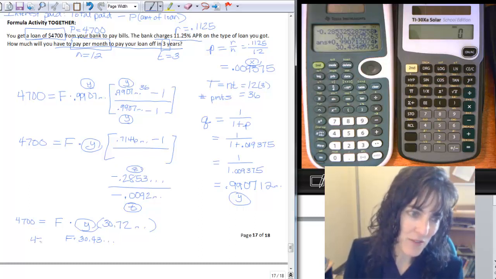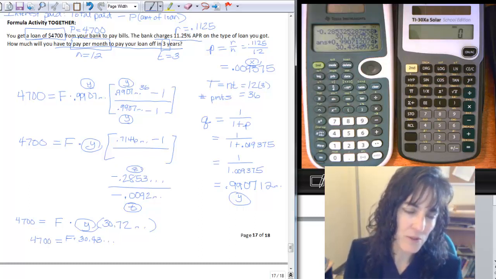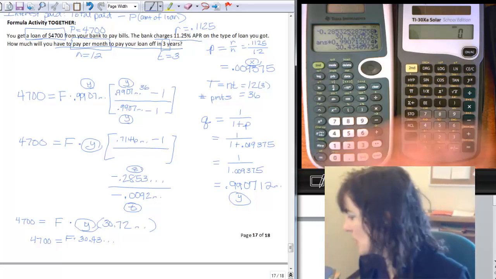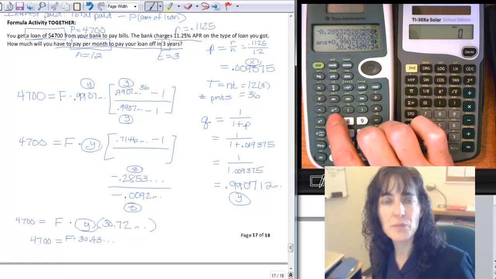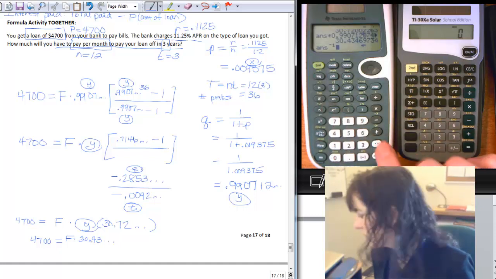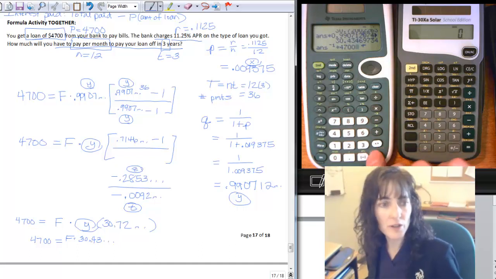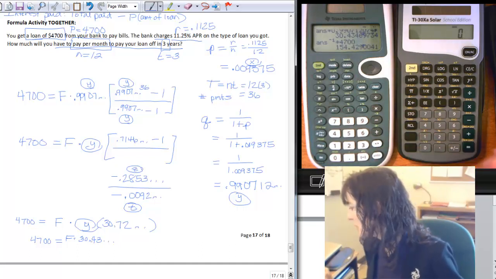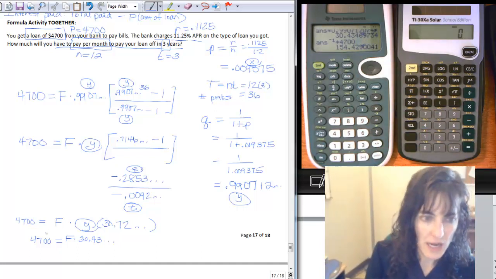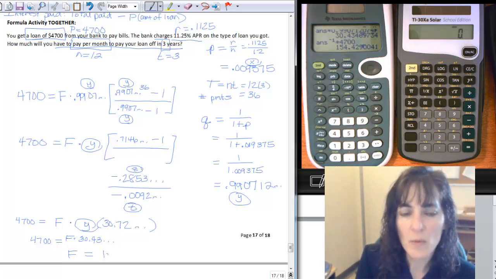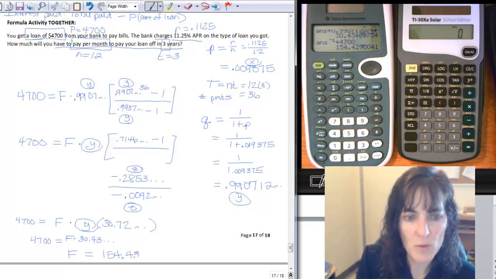So 4,700 equals all of this, so I'm going to do 1 over that 30.43. So using my inverse button for the answer, and then times 4,700 because I'm multiplying both sides by the inverse, and then I get F equals 154.429, so 0.43.